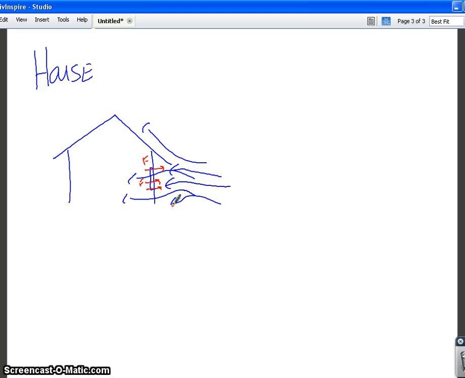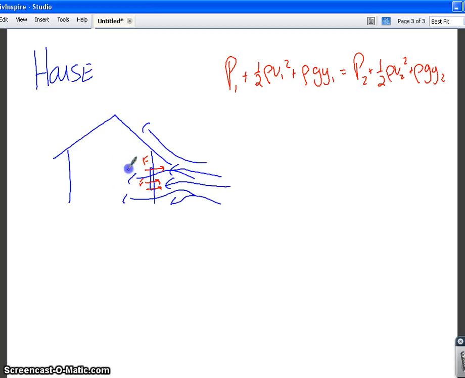So once again, I want to write my equation down: P1 plus 1/2 rho V1 squared plus rho g y1 equals P2 plus 1/2 rho V2 squared plus rho g y2. So notice here, I'm going to call this pressure 1 and this pressure 2, so P1 and P2. These are two different pressures.